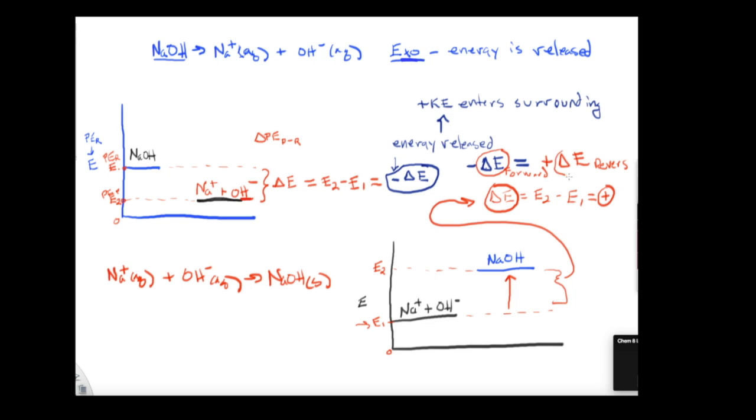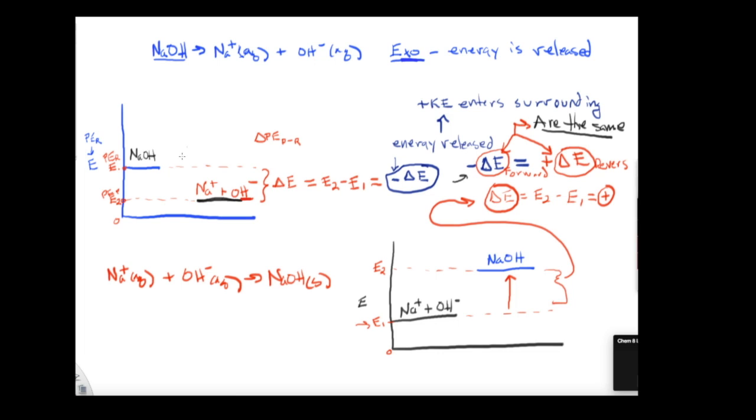This delta E and that delta E, they are the same. Otherwise, I can tell you this, the law of conservation of energy doesn't work if that's not the case. These two numbers are the same. Remember, the negative sign is just telling you direction.